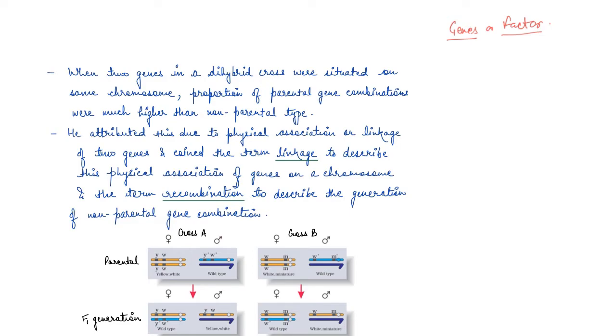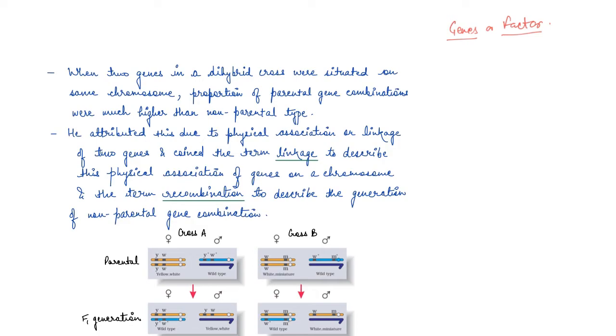the proportion of parental gene combinations were much higher than non-parental type. I'll read it again. When two genes in a dihybrid cross were situated on same chromosome, proportion of parental gene combination were much higher than the non-parental type of genes.